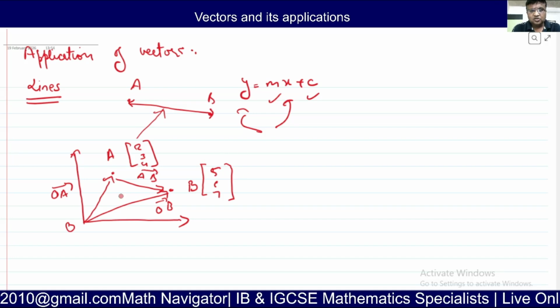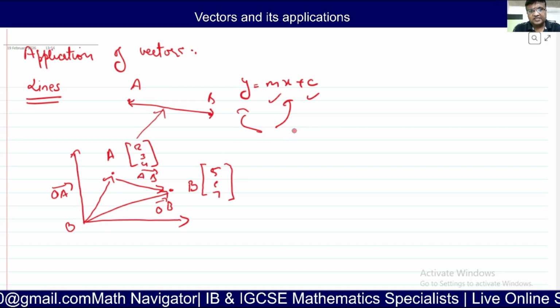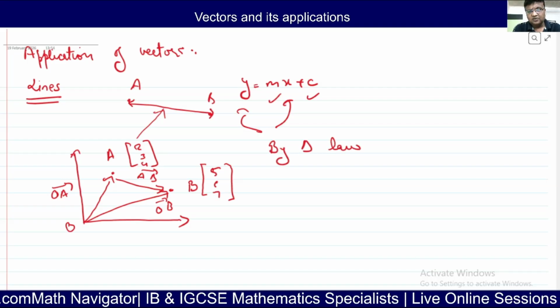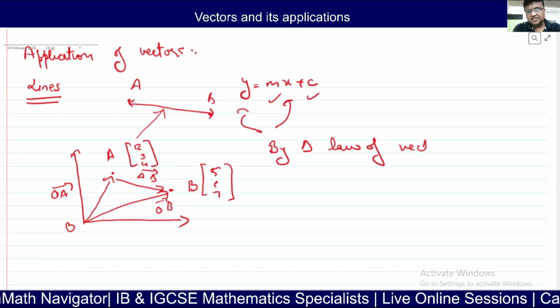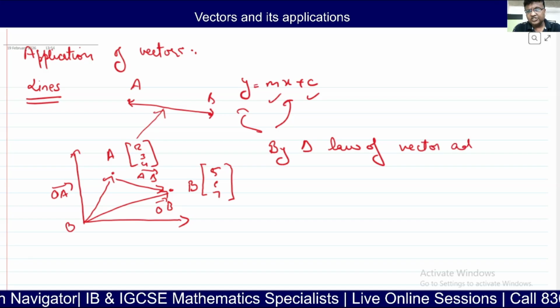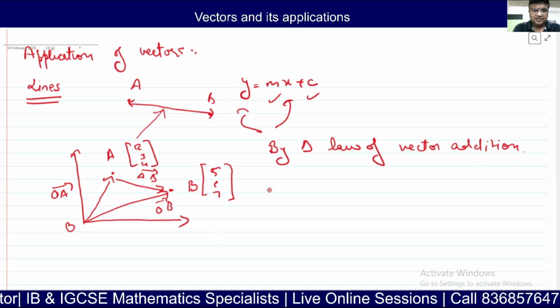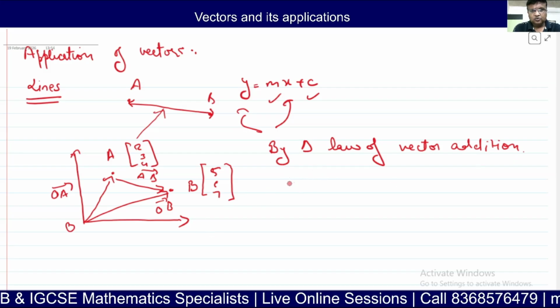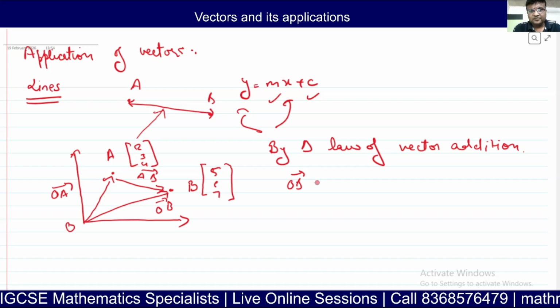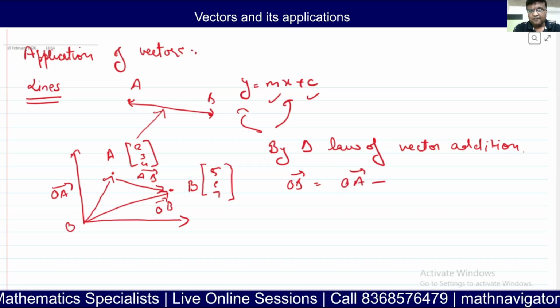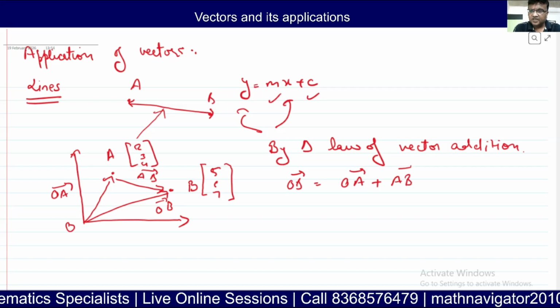So by triangle law of vector addition, which we have done in the last video, I can say vector OB is equal to vector OA plus vector AB.